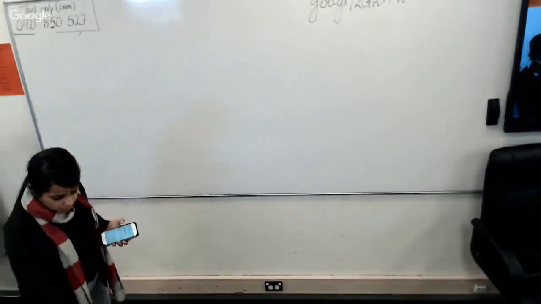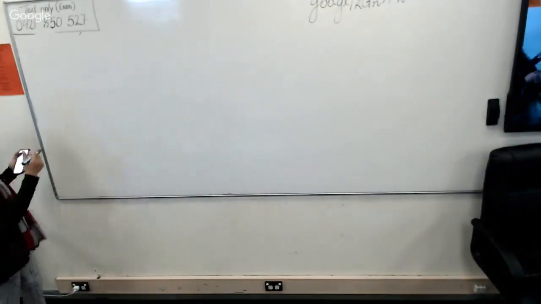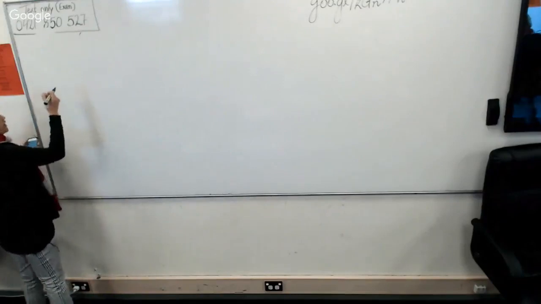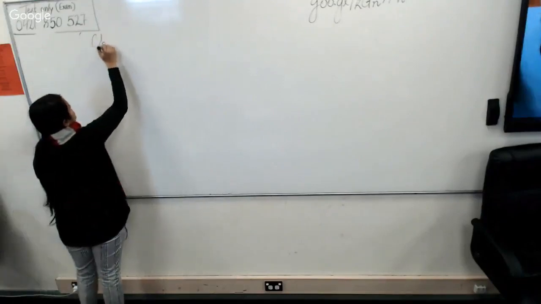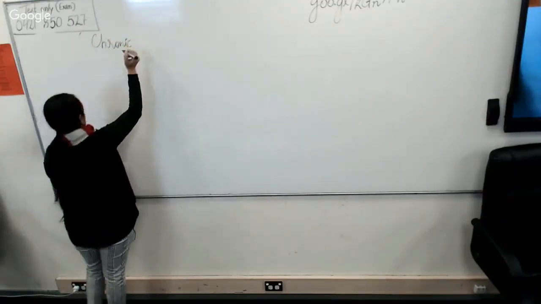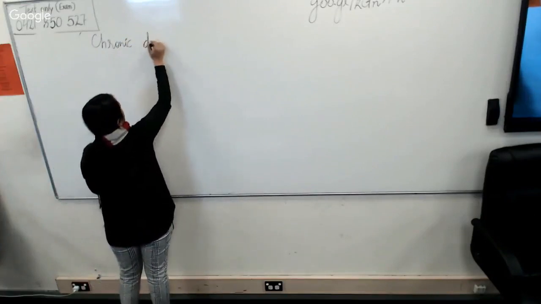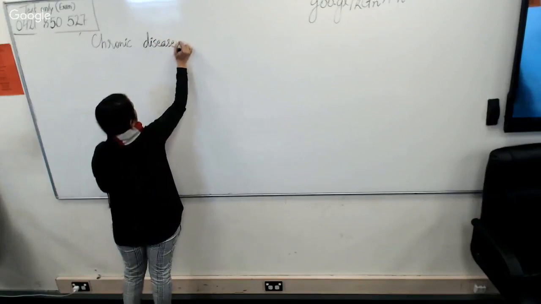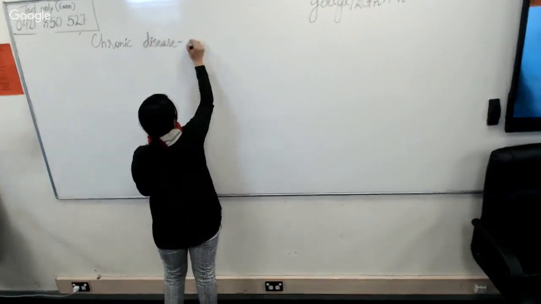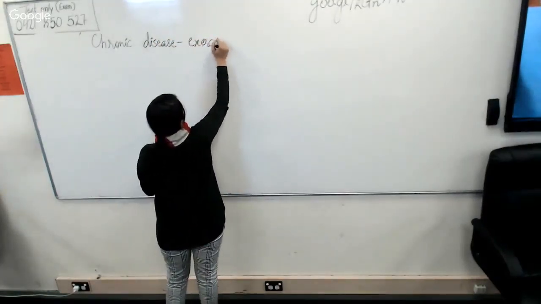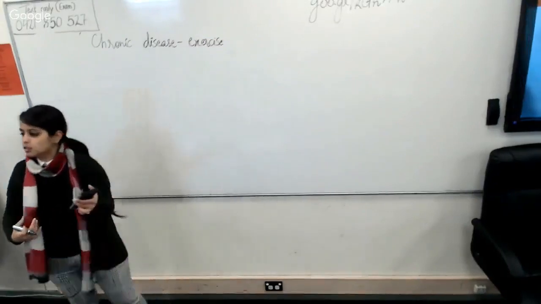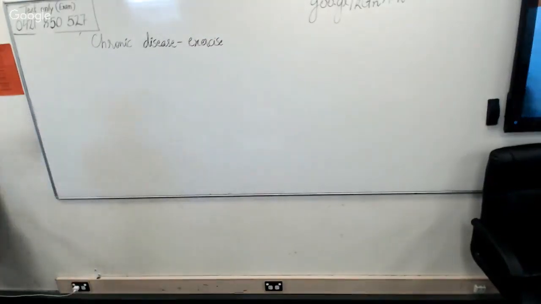Those who are not able to open it, quickly write these blanks down. The keyword is chronic diseases and exercise. Chronic means serious long term disease.